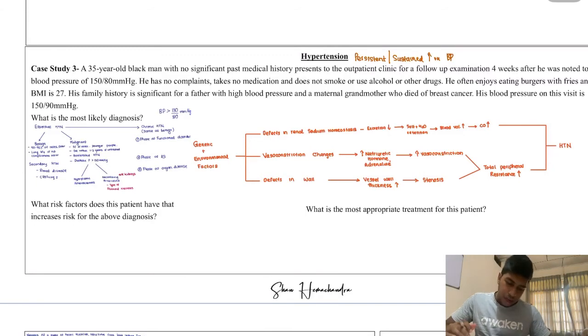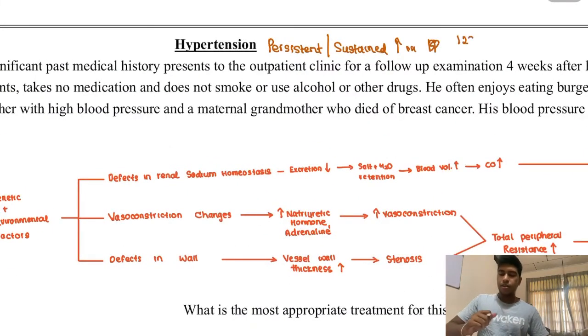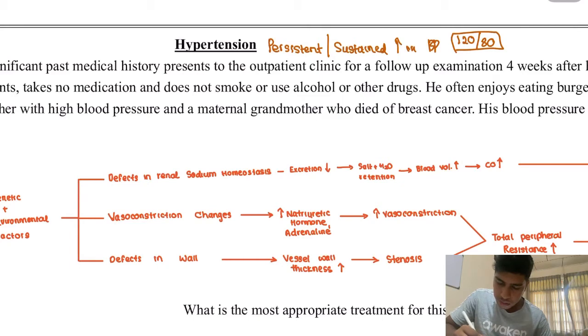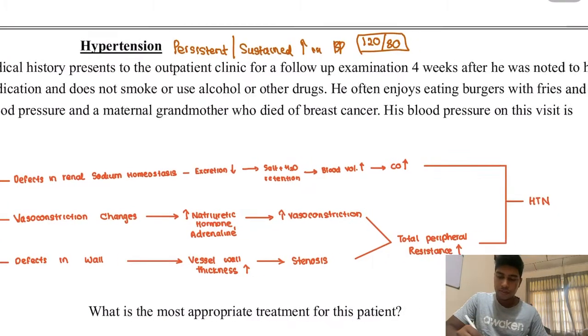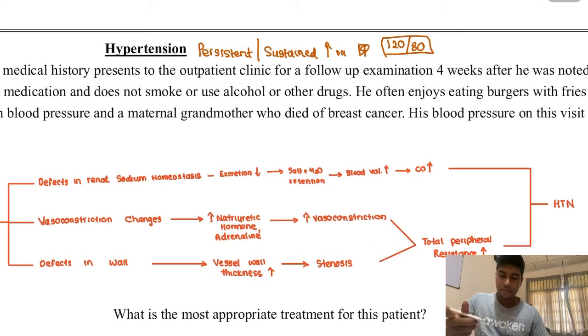How do you usually diagnose this? You go to the doctor today. You get your blood pressure checked. It's high. It's above 120 upon 80. You go the second day, you check your blood pressure, it's still high.